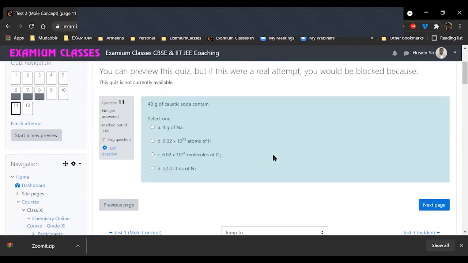40 gram of caustic soda contains, the caustic soda is NaOH, sodium hydroxide. How much sodium or hydrogen? Okay. Now, I see it is given sodium, hydrogen, O2 and N2. Just look here.